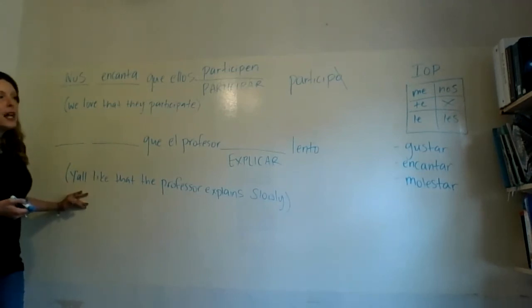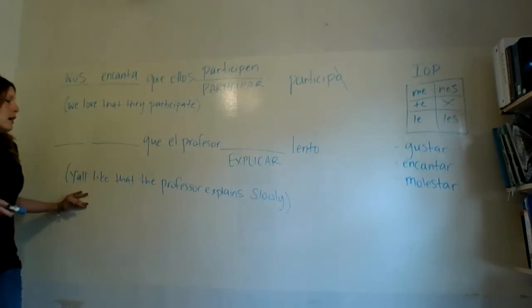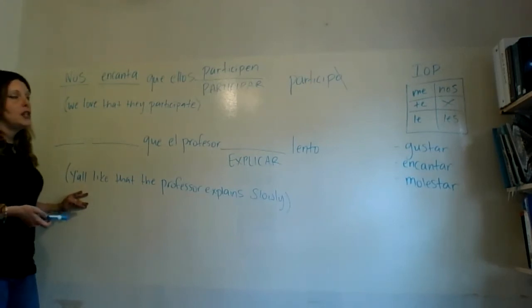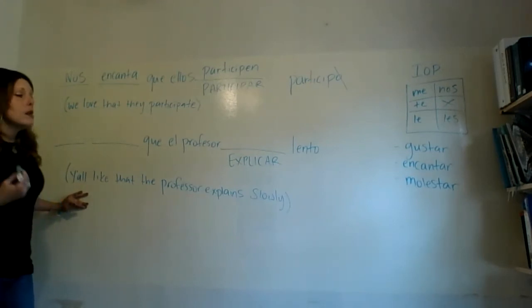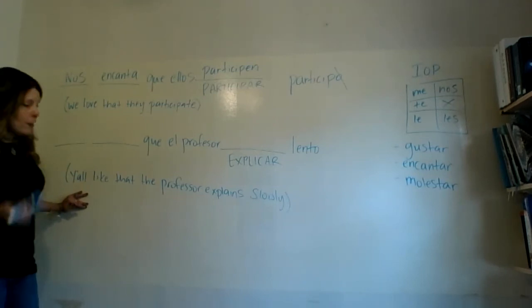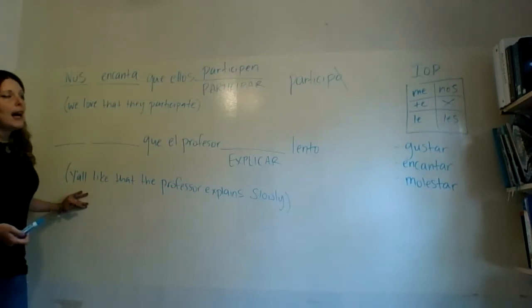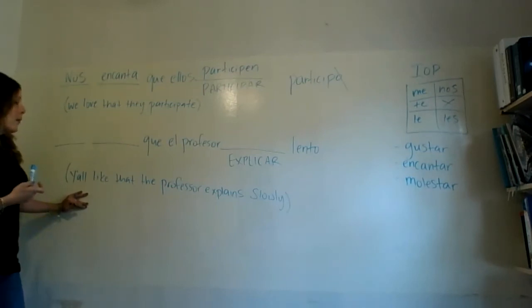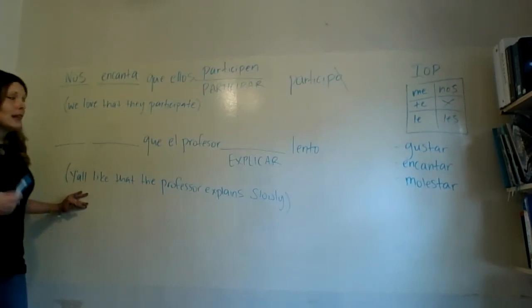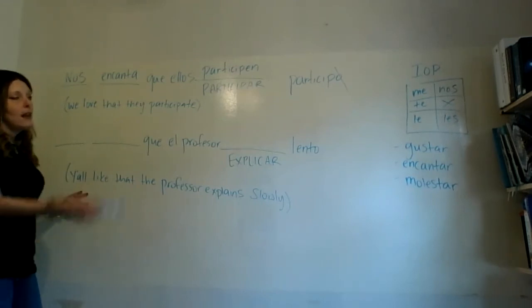So again, we say, do we need to use the verb gustar, encantar, or molestar? We're not saying y'all love that the professor explains slowly, so we're not going to use encantar. We're not saying that y'all are bothered that the professor explains slowly, so we're not going to use molestar. Obviously, in this hypothetical situation, y'all like it, so it's going to be gustar.